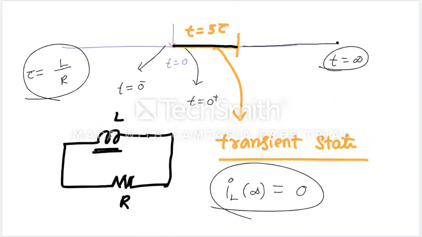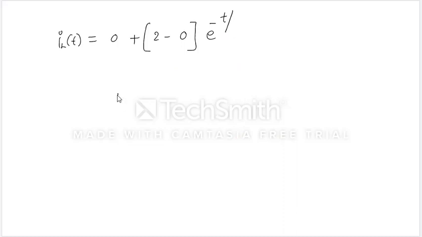How much is the L value? Yes, tau is equal to L, which is how much in the problem? That is 4, divided by the R value, how much is it? 20. So how much is it? 1 by 5 now. So this is 1 by 5.